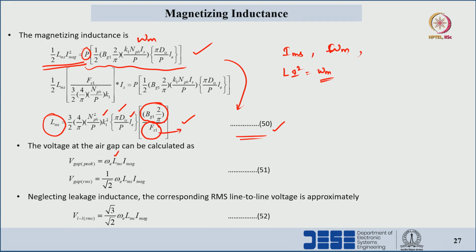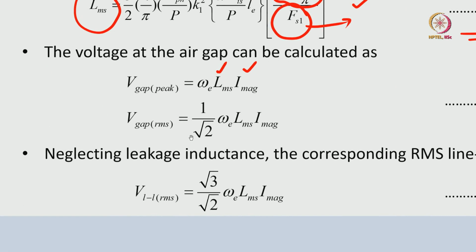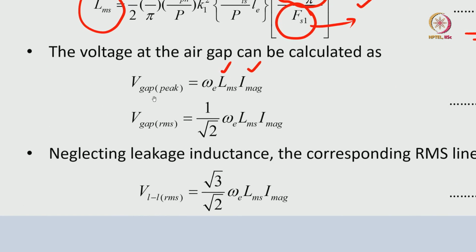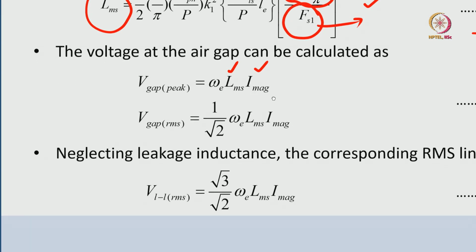Once we know the magnetizing inductance and the magnetizing current, then we can calculate the voltage at the air gap. The peak voltage at the air gap is V equals omega into magnetizing inductance into magnetizing current.